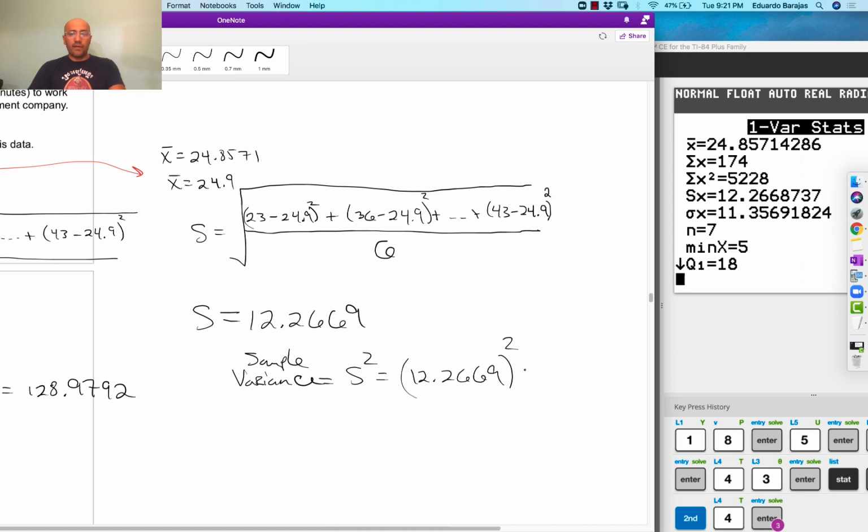Okay, so that is equal to 12.2669 to the power of 2 is equal to 150.4768.